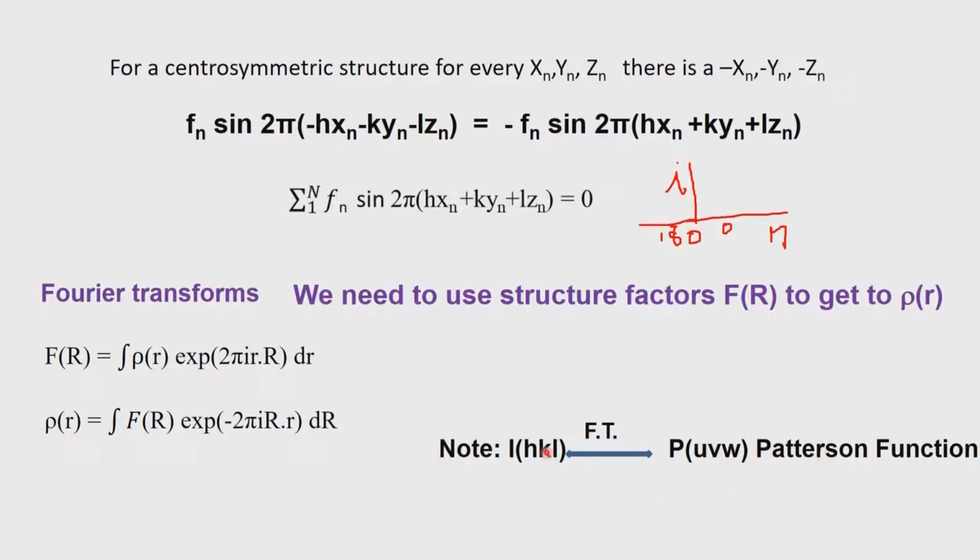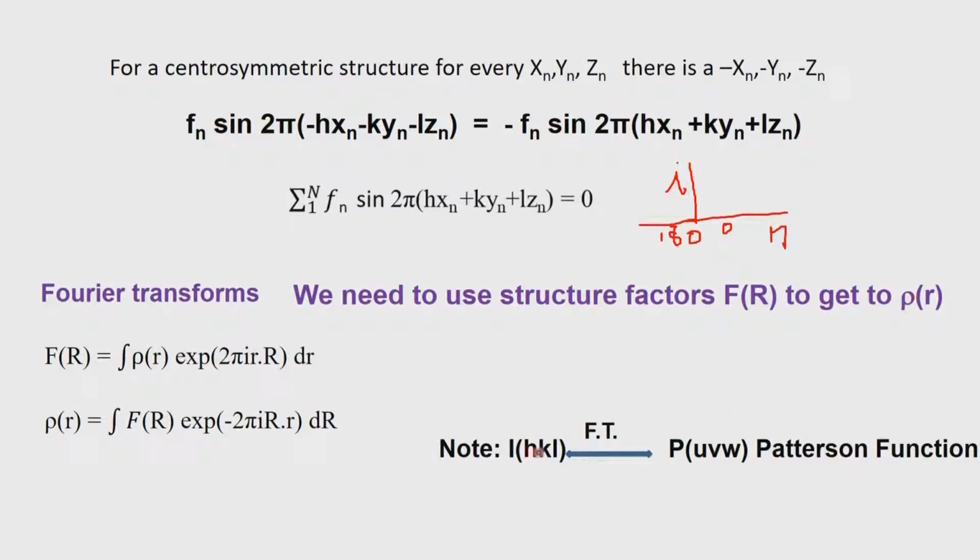So, we can use the intensities in principle to get to the Patterson function, and if we interpret the Patterson function properly, then because we have all the atoms there, but not as atoms but as interatomic vectors. So, there are lots of limitations in this approach, but this particular approach, which was developed by Patterson in 1925, can also be utilized under very special circumstances, which we will discuss when we go for the structure determination. So, essentially the Fourier transform is the key, and the Fourier transform on f of r is the one which is required to get to the electron density which we are seeking.